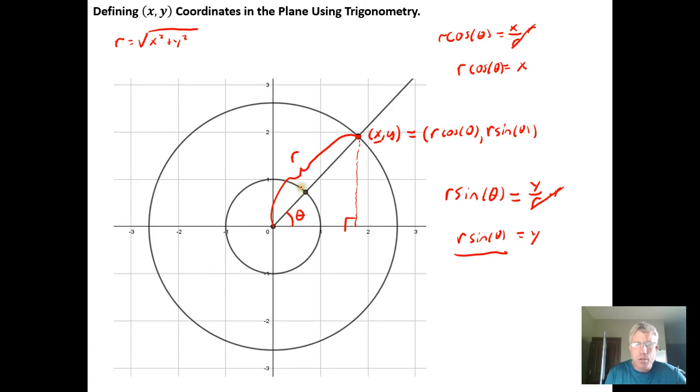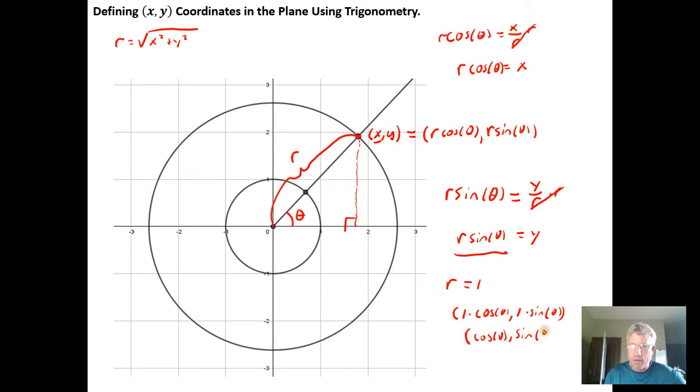So notice on the unit circle, this would actually simplify, because on the unit circle the radius is 1. So we would find that r cosine theta would give us 1 for the radius times cosine theta, comma, 1 for the radius times sine theta, which just simplifies to cosine theta, sine theta.